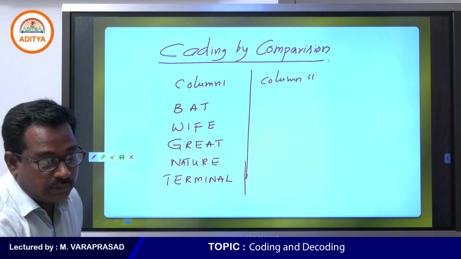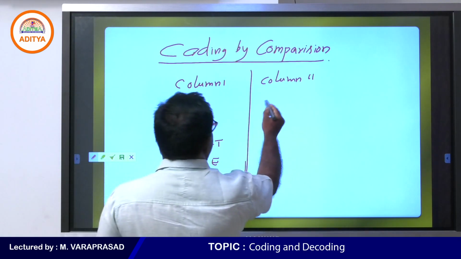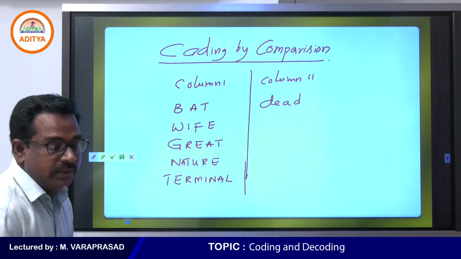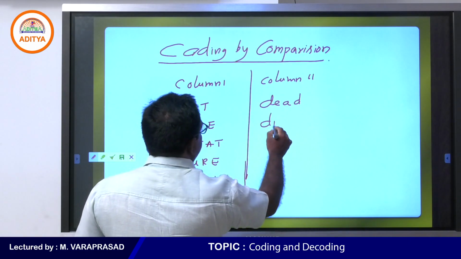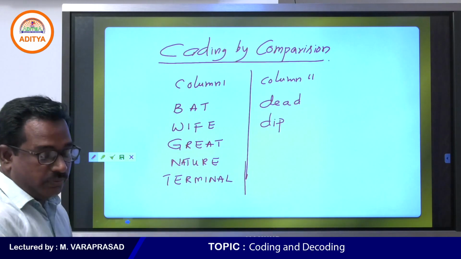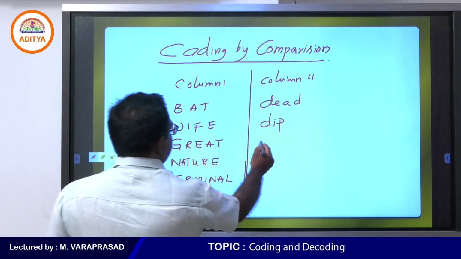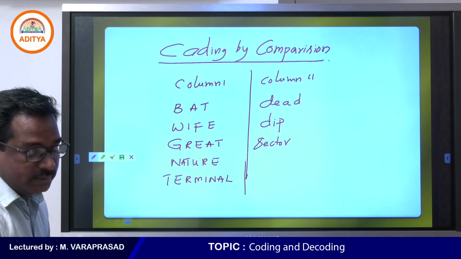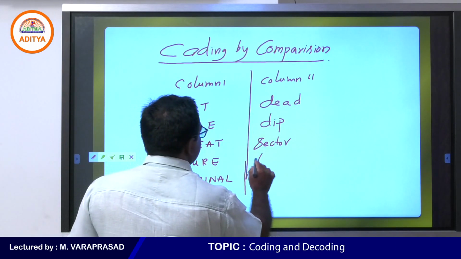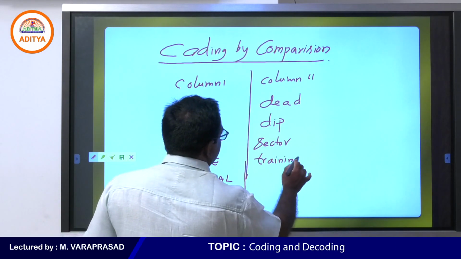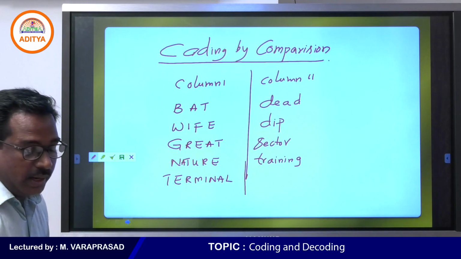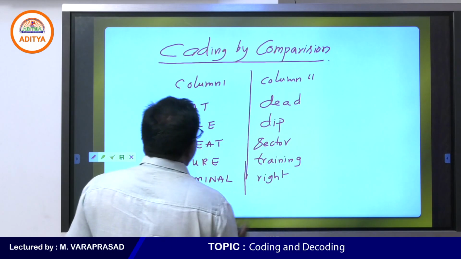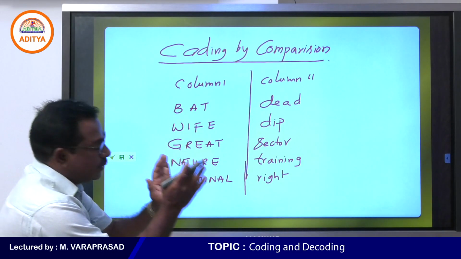In the column 2 the codes are given, dead, D-E-A-D, dead, and the second one is dip, and the third one is sector, and the fourth one is training, and the last one is right. So in the column 1 words are given, in the column 2 codes are given.